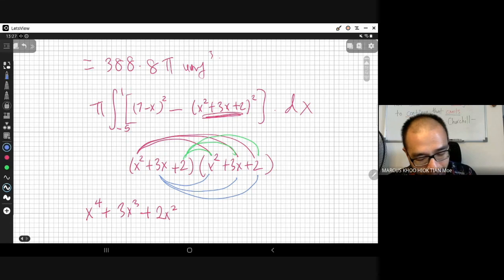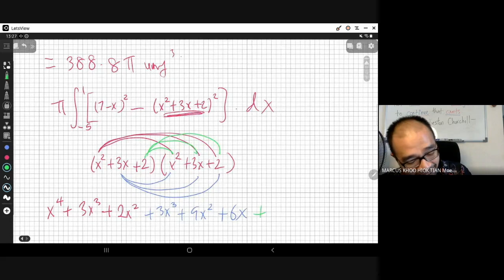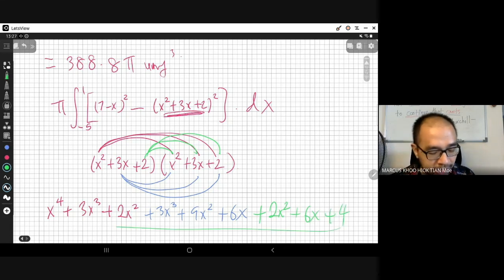Then the blue color plus 3x cubed plus 9x squared plus 6x. And then the green color, 2x squared plus 6x plus 4. Then you simplify all this.